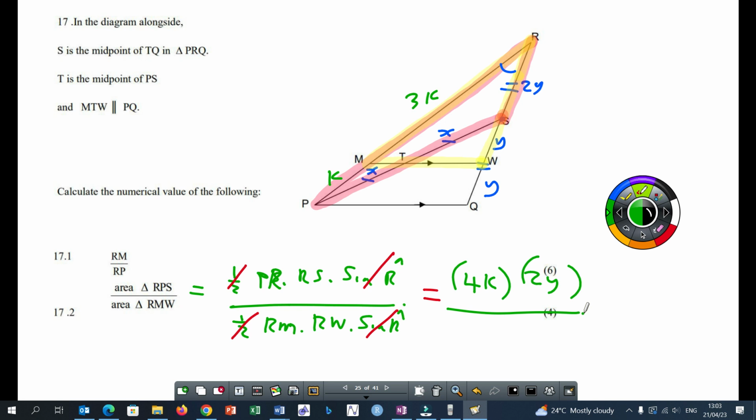We have got RM. So RM is going to be 3K, and then the other one, which is RW, that's going to be 3Y. Okay, fortunately, the constant will cancel out, and when that happens, the answer that you get has to be 8 over 9. Okay, and then you are done.